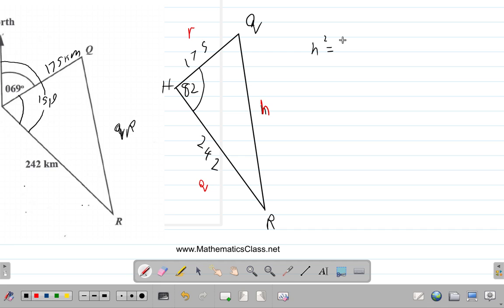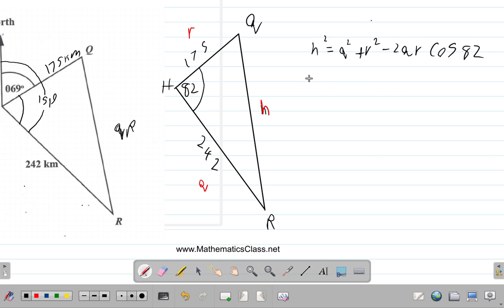h squared equals r squared. Let me use alphabetical order, P, Q, R. Q comes before R. So Q squared, plus R squared, minus 2QR cos of the angle 82.